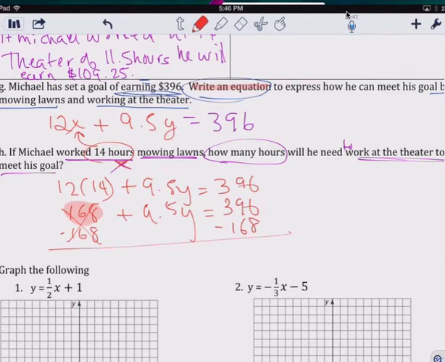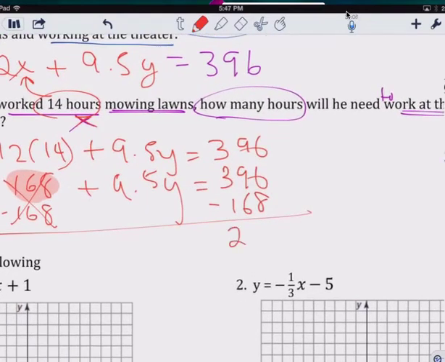I'm punching it wrong at first. It's 396, not 398.